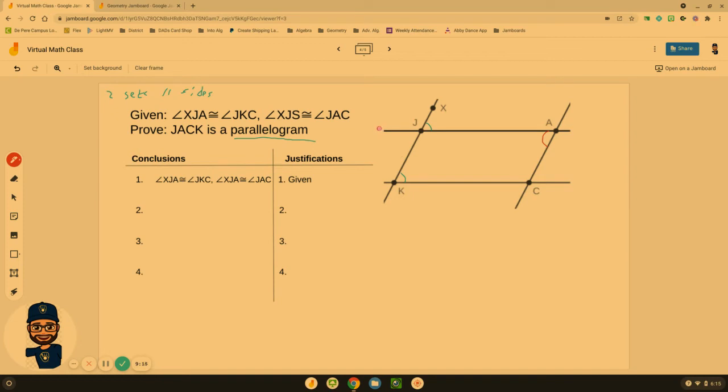I'm guessing that was meant to be XJA. XJA, so that's also congruent to that one. So let's just focus on the blue ones, okay? The two blue ones are congruent, okay?